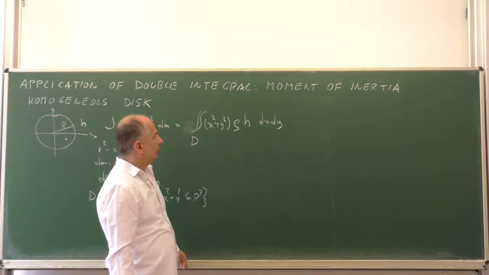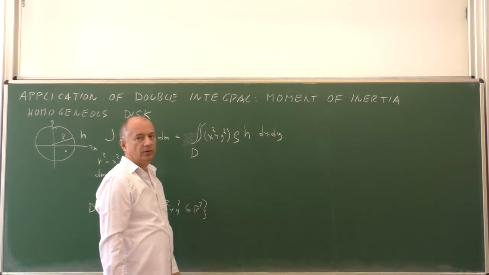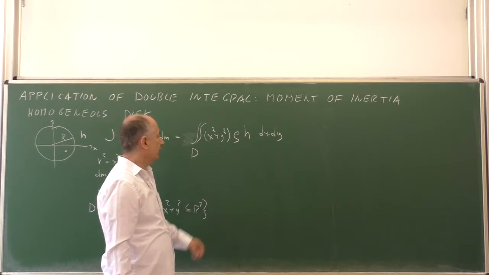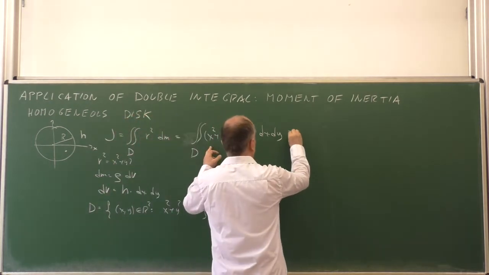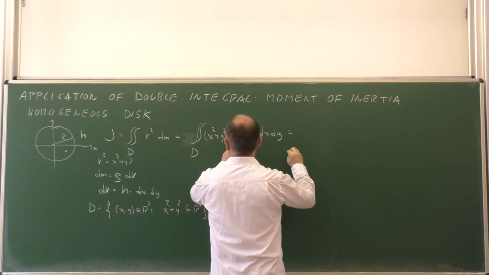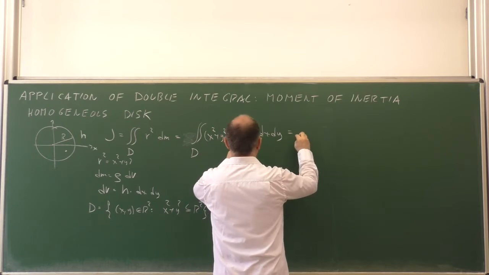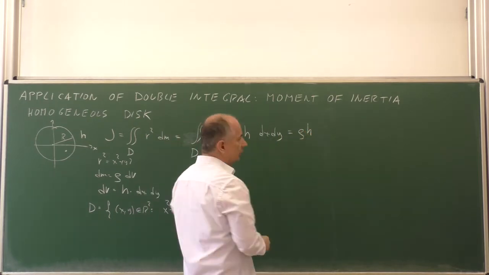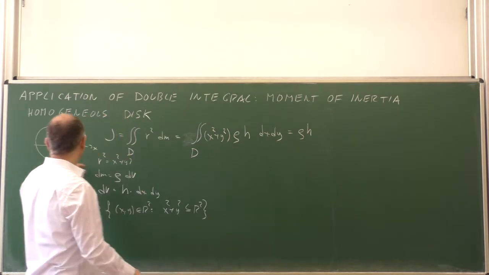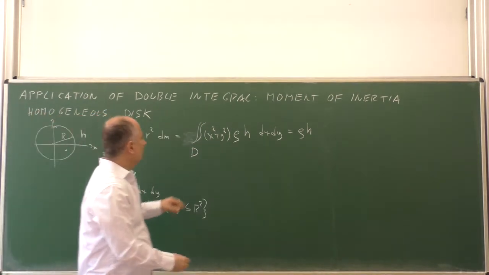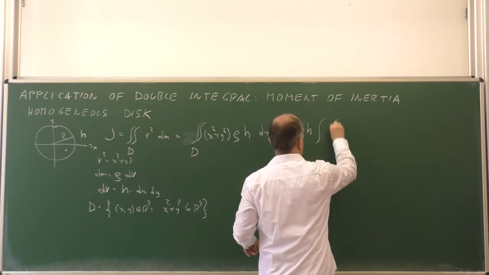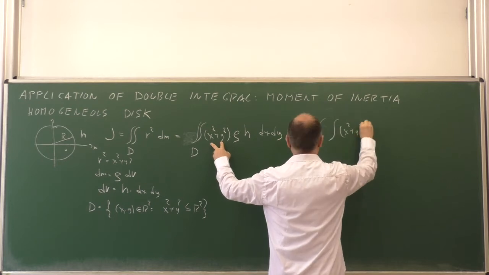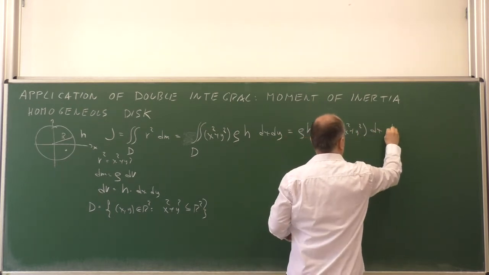Now, we can compute this in the Cartesian system of coordinates, but it will be easier to switch to polar coordinates. So before that, let's write it in the Cartesian system. Rho and h are constants, and if we want to practice the integration in Cartesian coordinates, then we can write it as the integral of this expression, x squared plus y squared, dx dy.